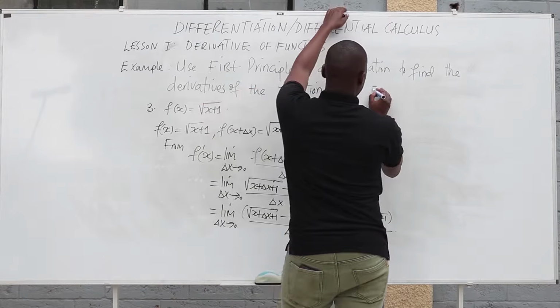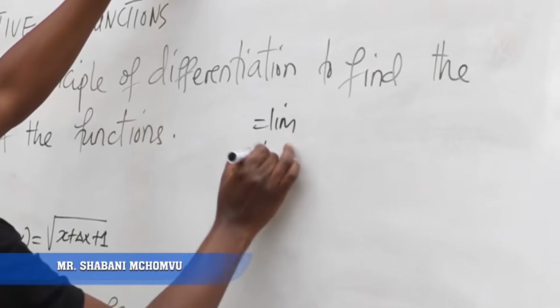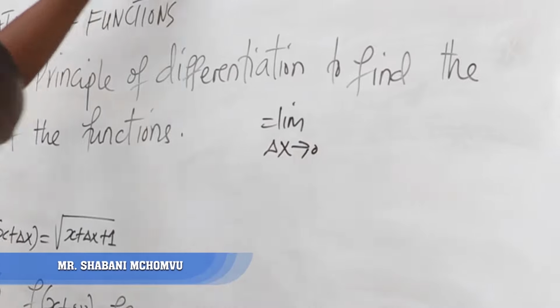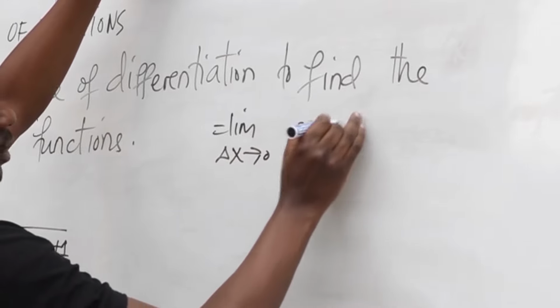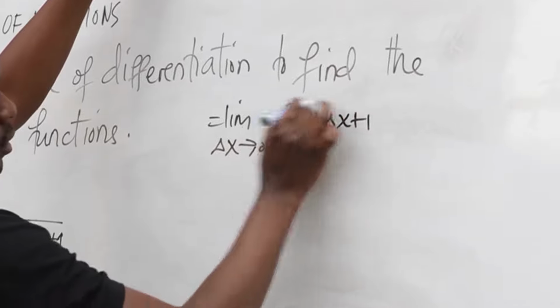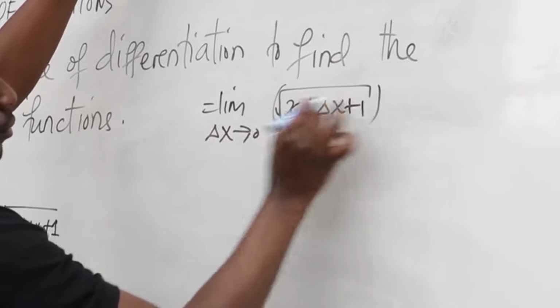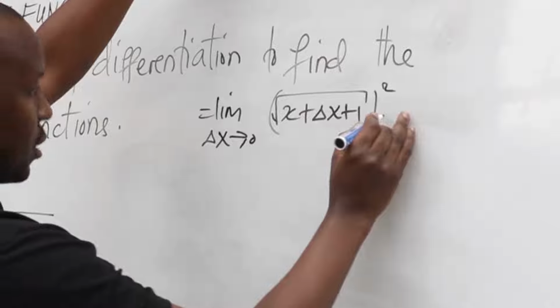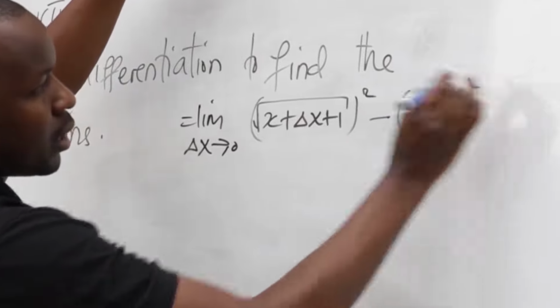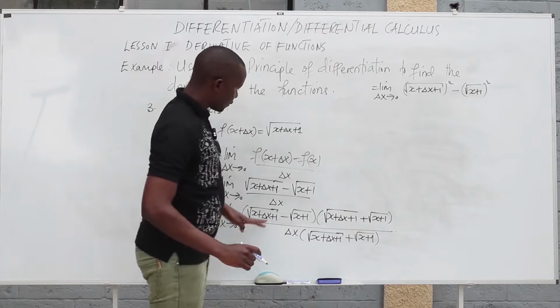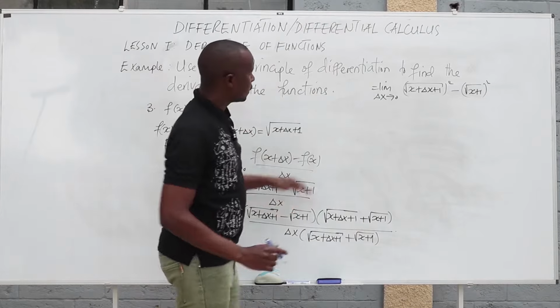So now it becomes limit as change in x approaches 0. Here we'll have the radical of x plus change in x plus 1, squared, minus the radical of x plus 1, squared. That's the short form of writing this expanded.